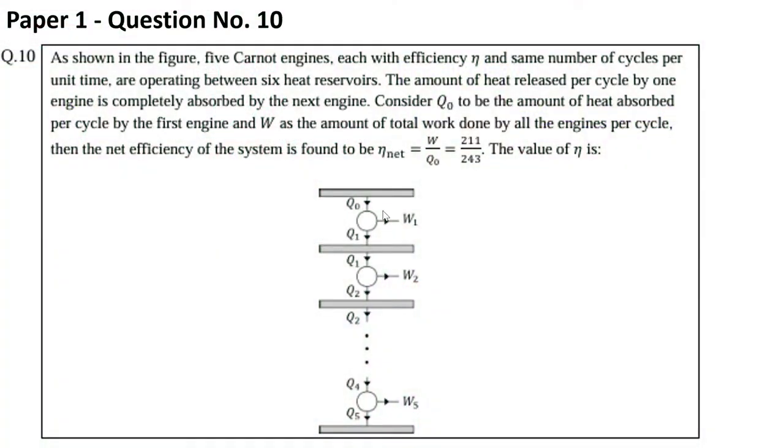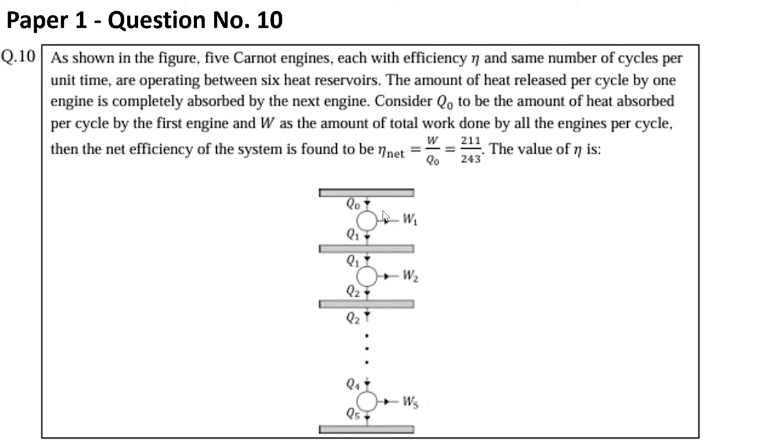So let's have a look at the 10th question. This is based on a cascading Carnot engine. This was asked previously in JEE Mains as well. It says, shown in the figure are 5 Carnot engines with efficiency eta, same number of cycles per unit time, operating between 6 heat reservoirs. The heat released by the first one is absorbed by the second one, and so on.